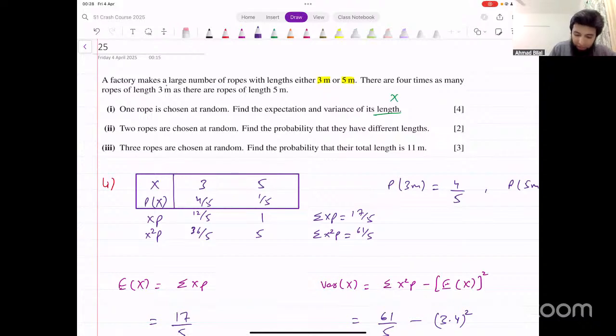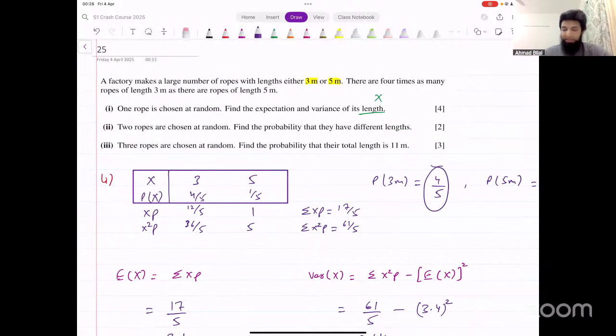So when you have a large number of ropes like this, and you're taking out one rope after the other, the probability is still not going to change. The change is so negligible that we can say that it remains constant. So the probability that you take a 3-meter rope the first time is 4/5. The second time as well, it is going to be the same. It's not going to change, even though this is without replacement.